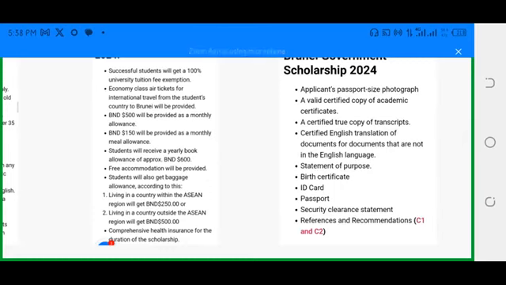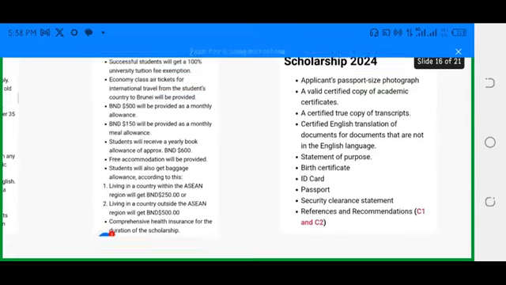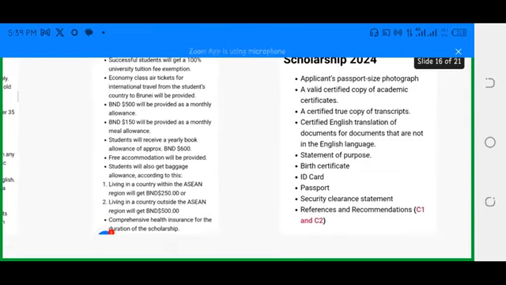Birth certificate, this time around, is about your age, because we talked earlier that you have to be 25 years or younger to apply for undergraduate studies, and 35 years or younger to apply for postgraduate studies.